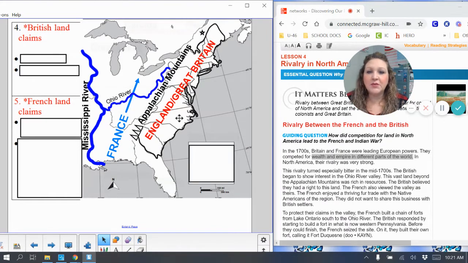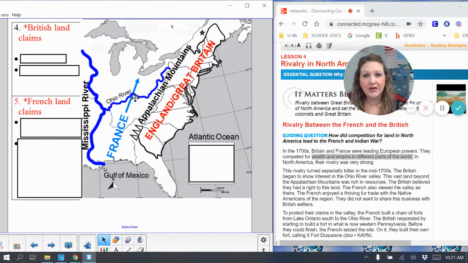For some of these people, for trade, it is going to be easier for them to travel down the Ohio River to the Mississippi River to the Gulf of Mexico, down and around Florida, and then they can go over to Europe, to Africa, or down to the West Indies. It's an easier way for them to travel rather than going over the mountains, all the way over here, and then traveling across the Atlantic Ocean.